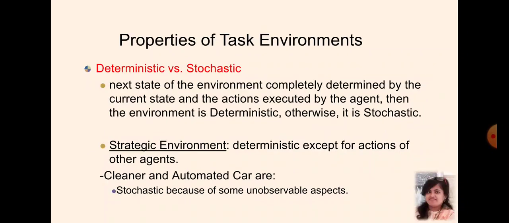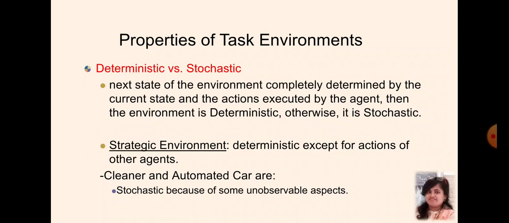Now the environment can be divided by whether it is deterministic or stochastic. If the next state of the environment is completely determined by the current state and the actions executed by the agent, then the environment is deterministic, otherwise it is stochastic.